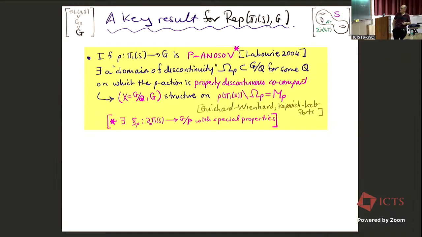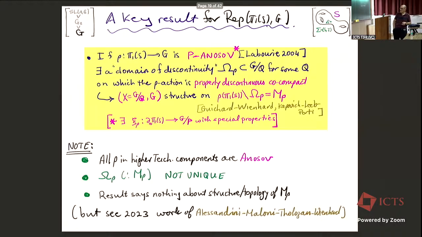And the theorem says that for any representation that has this property, it arises as the holonomy of a geometric structure in this sense. So I'll just comment that certainly all the representations in the higher Teichmüller components fit into this framework, but they're not the only ones. Also, these domains of discontinuity are very interesting, and they're not unique. You can have different geometric structures associated with the same representations.